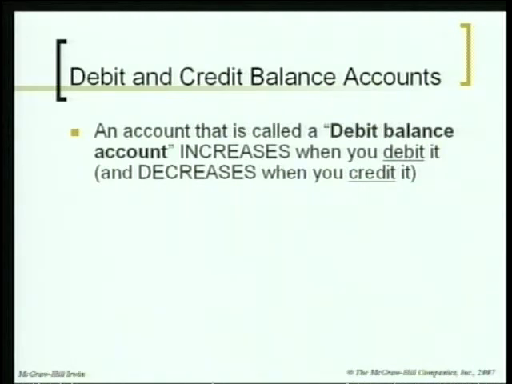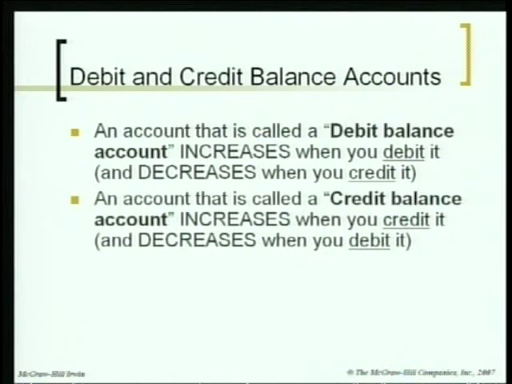Cash is a debit balance account. Are you with me? An account is called a credit balance account if that's the way you increase it. Thus, if you increase it with a credit, it is a credit balance account, and thus a debit decreases it. You with me?